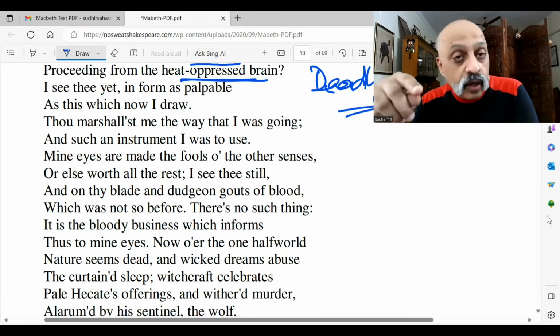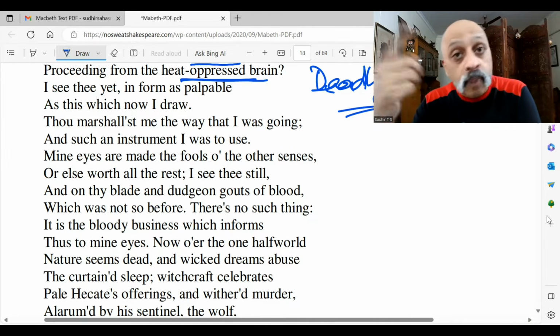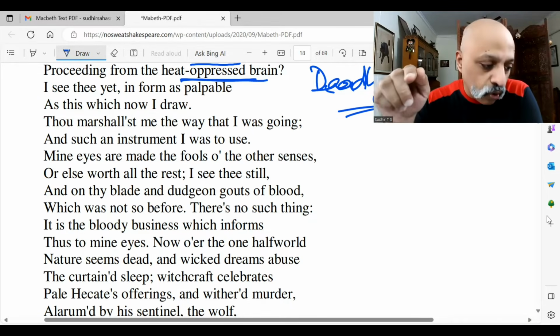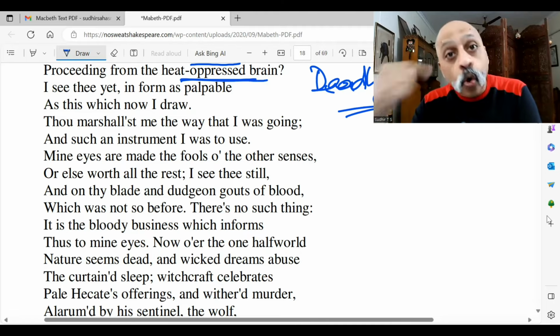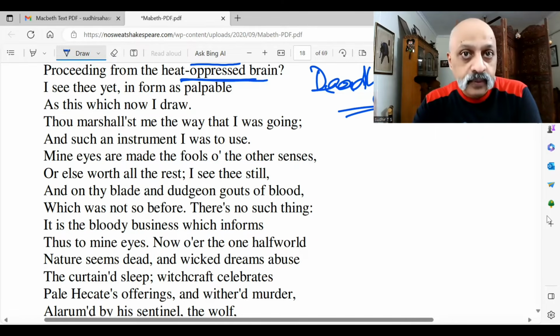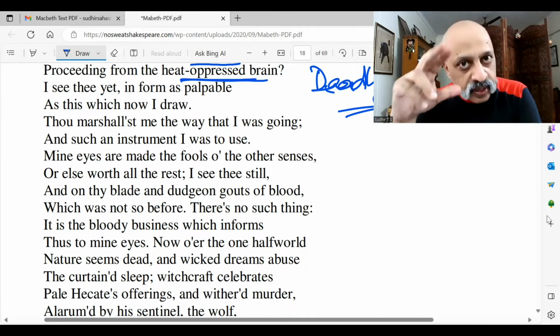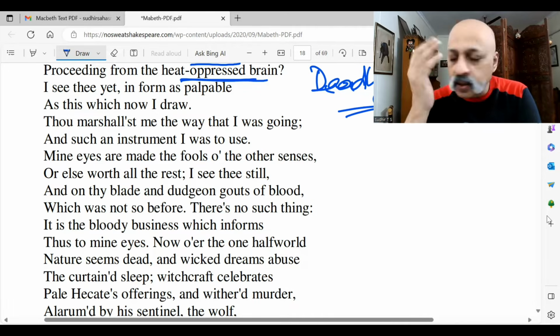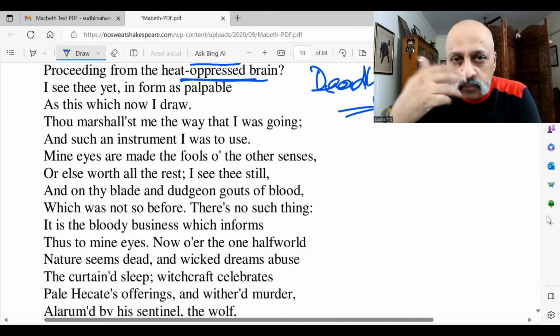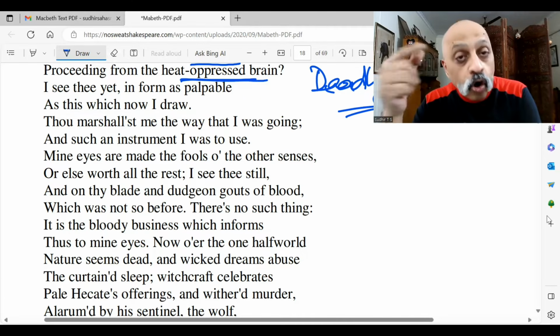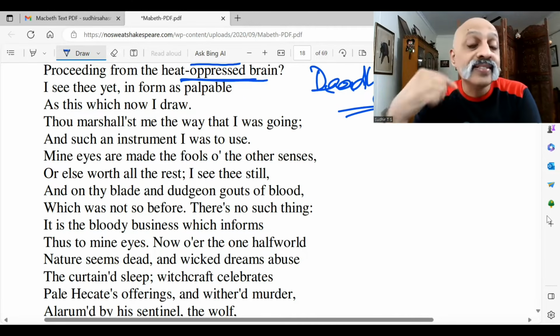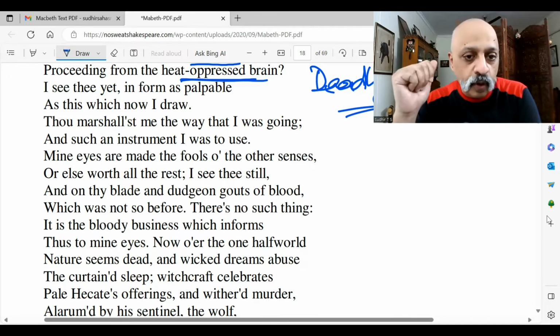या तो मेरी आंखों को बाकी senses are making a fool, okay, or it is the only sense that is working. Either my eyes are the only sense which is working, the others are not working, कान, नाक, whatever, or it is that the eyes are the only sense which is not functioning properly, right?